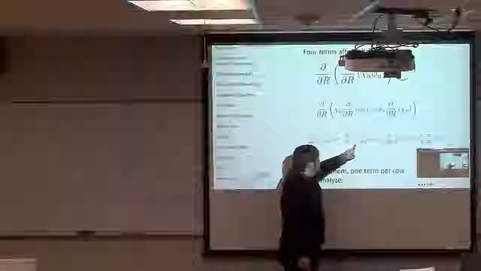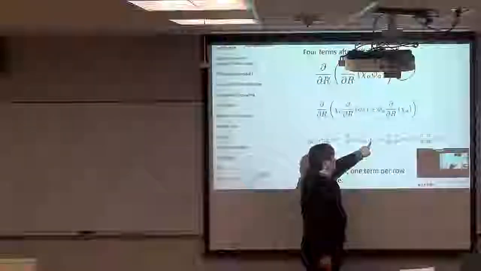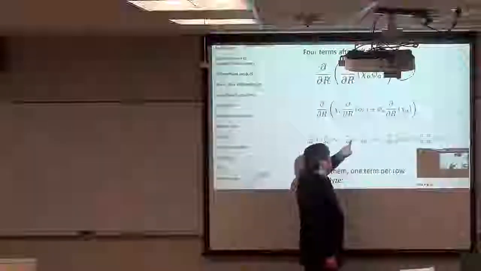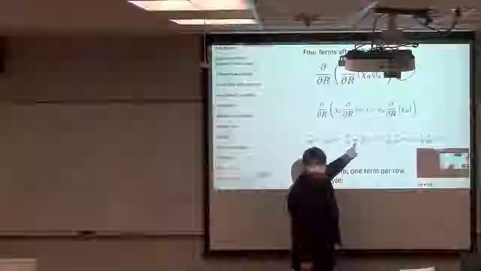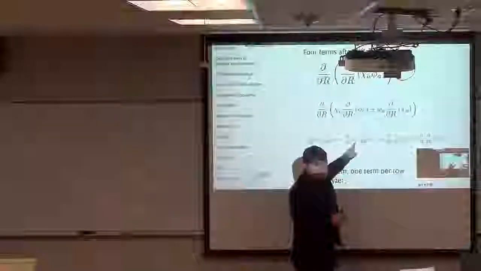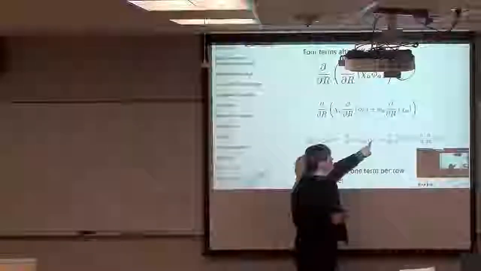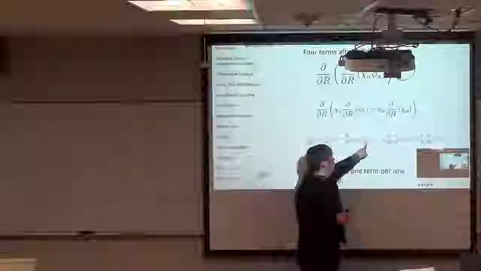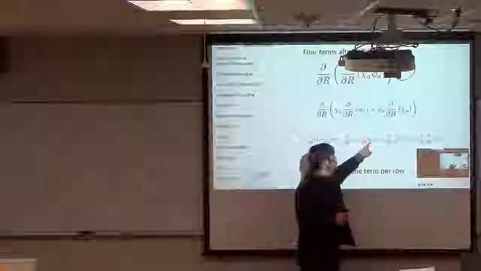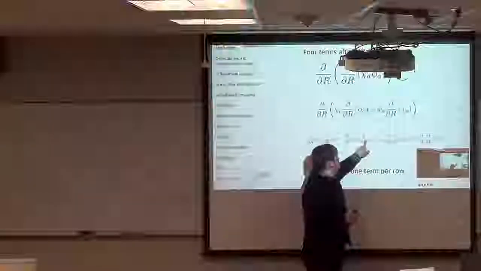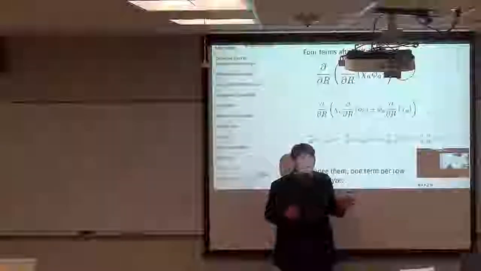This is a product of the response of the electronic wave function to change in the nuclear position, times the first derivative over position of the nucleus applied to the nuclear wave function. The first derivative over position is momentum.